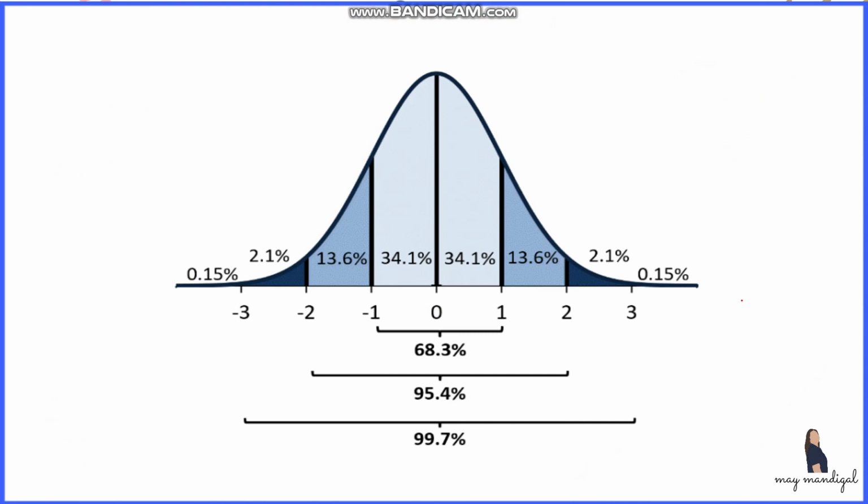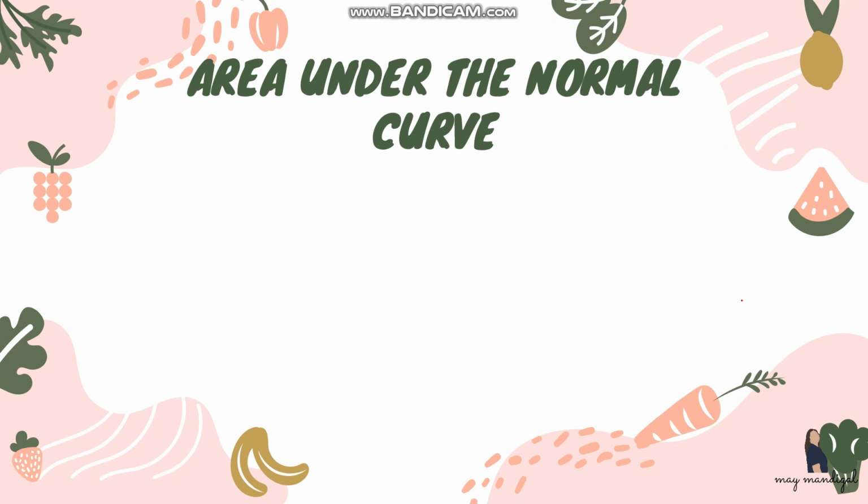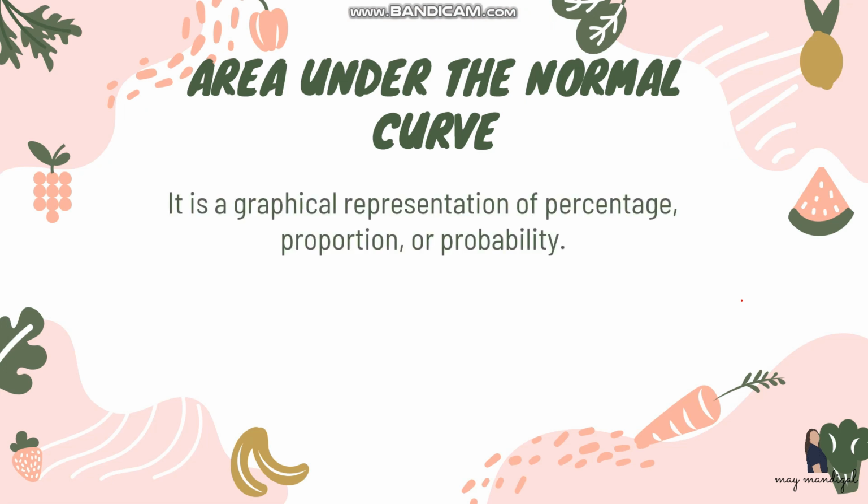We convert our data into its corresponding z-score to identify how far it is from the mean. And we use those z-scores to identify the area within the scope or range. When we say area under the normal curve, it is the graphical representation of percentage, proportion, or probability.